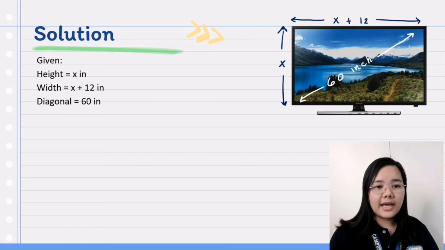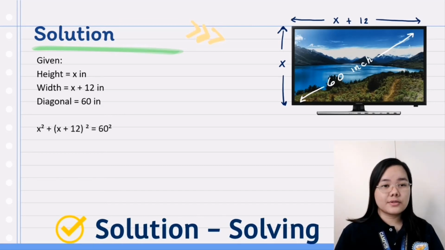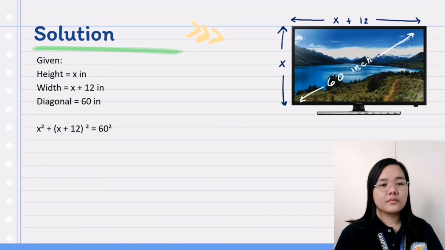So x will be a, the width will be b, and the diagonal will be c. So x squared plus the quantity x plus 12 squared equals 60 squared. We have to expand x plus 12 squared, and the answer will be x squared plus 24x plus 144 equals 3,600.